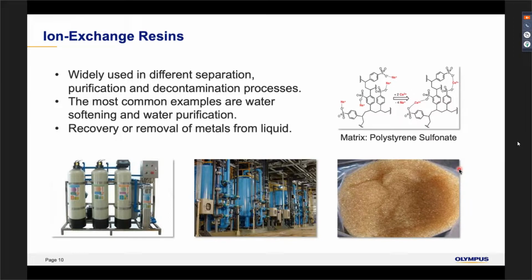Ion exchange resin is widely used in water purification, and there are several different types of anion and cation ion exchange resin. Here I want to emphasize it is a solid material with homogeneous composition, which can minimize the matrix effects.